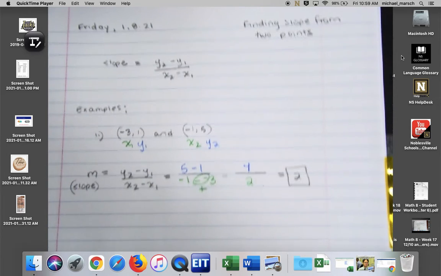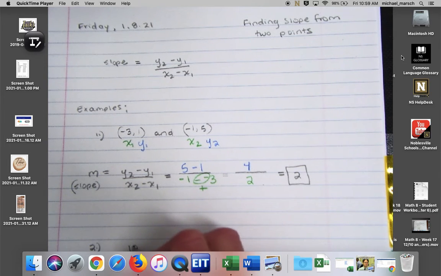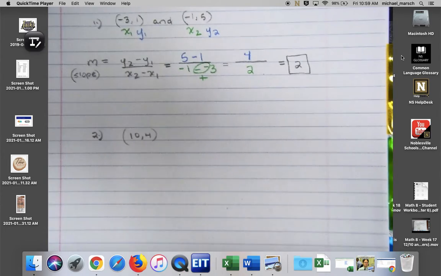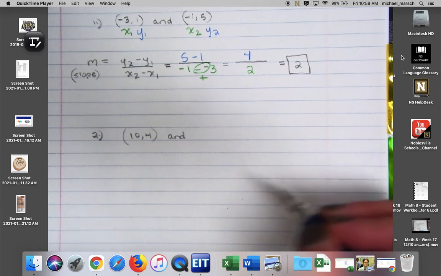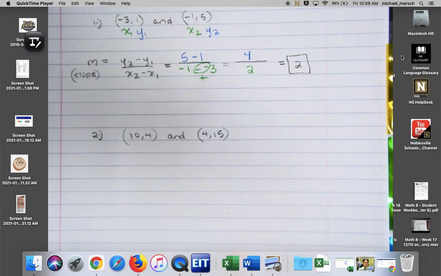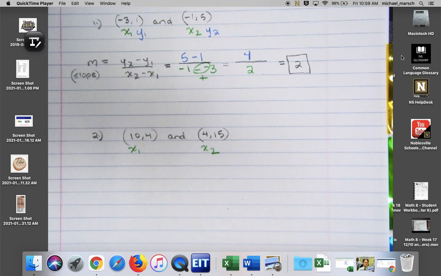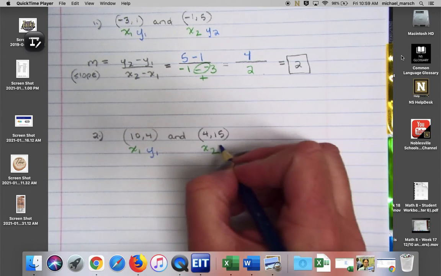Okay, let's do another one. Next example, we have the ordered pairs 10, 4 and 4, 15. What's my very first step? Before I do anything, I need to label them. So I have x1 and x2, and y1 and y2.